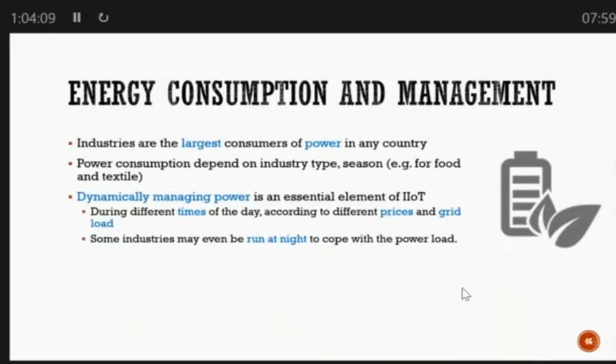For example, one type of industry would be run at night, another type would be run in the morning, during the daytime. So you have to manage these things. This is the key challenge actually. This is not an easy thing. This depends on every country, on the different industries in a particular country, their seasons, their climate, and their resources as well.